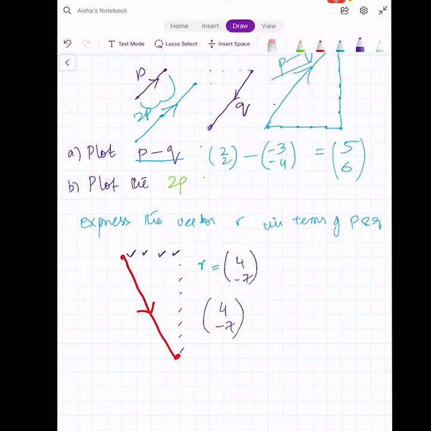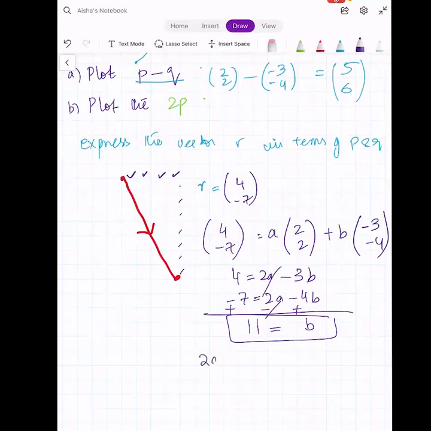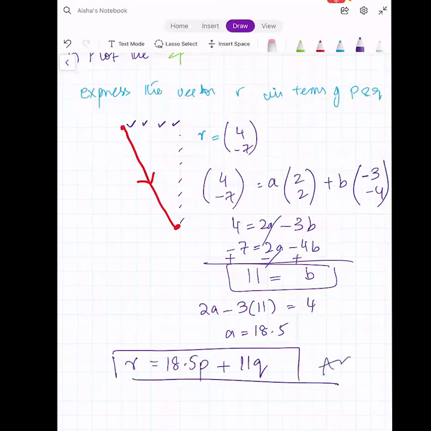Now 4 minus 7 is a times P, and P is 2, 2, plus b times Q. So if I solve these two equations simultaneously, it is 18.5 P plus 11 times Q to give you the vector r. Obviously, it's not going to be these kind of numbers, but this is how you go about it.